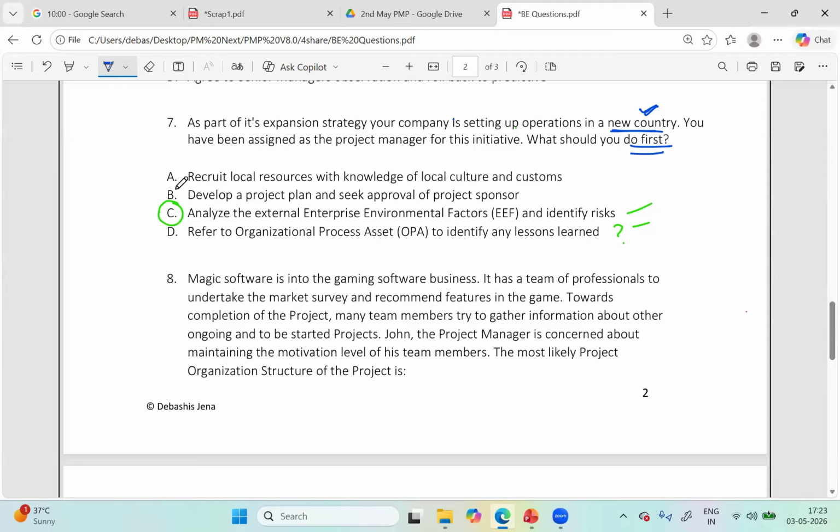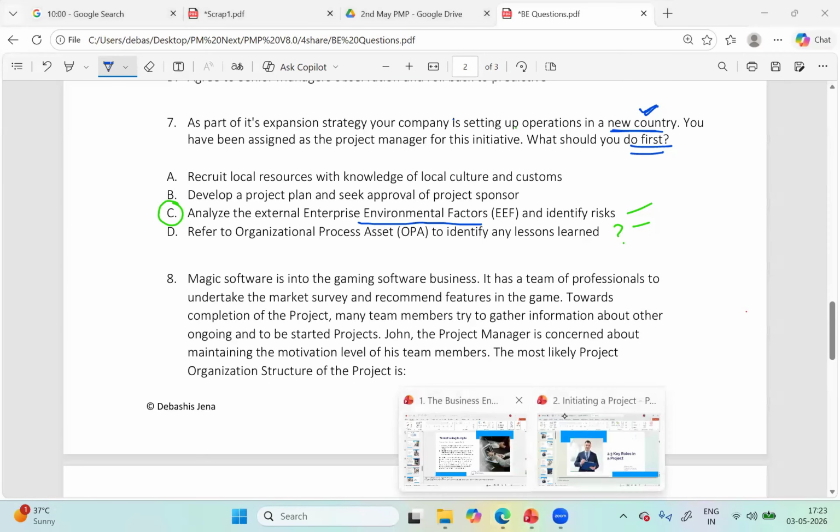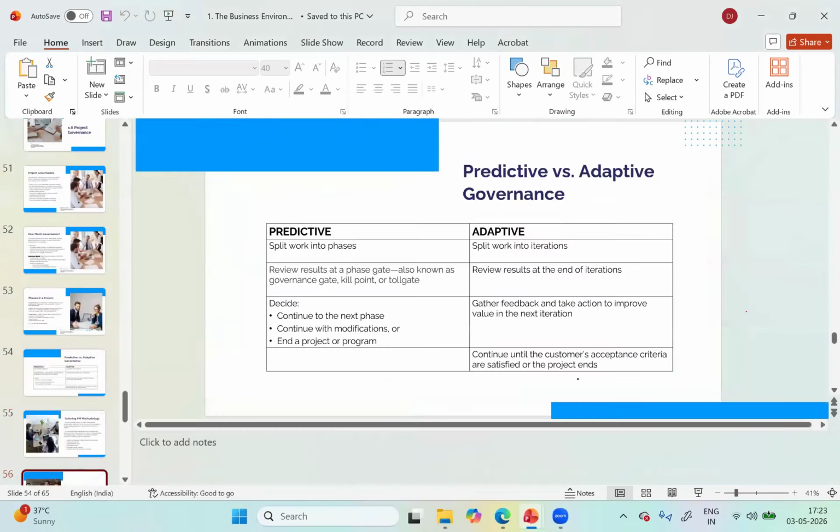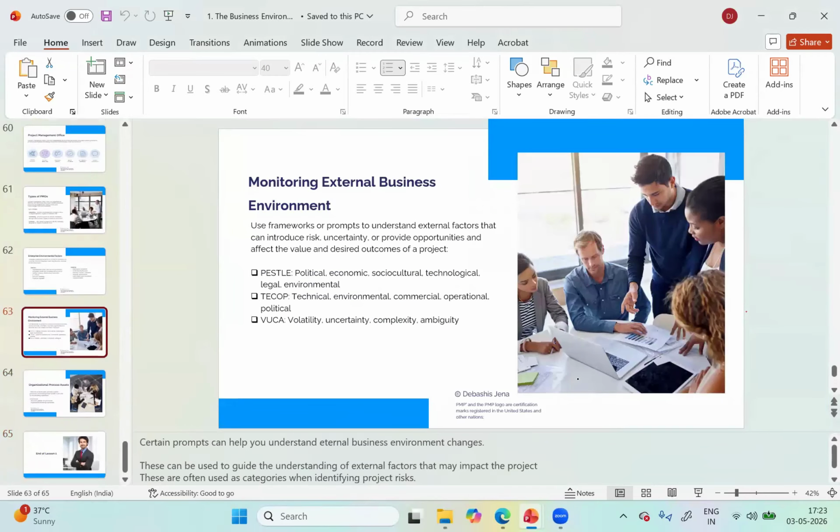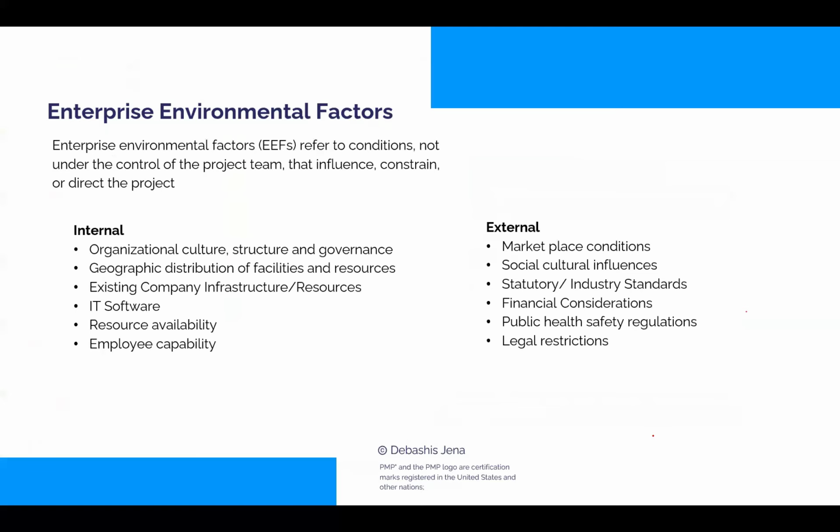Coming to the question now. When we're entering a new country, remember the term EEF we just spoke about, enterprise environmental factors, which are of two types, internal and external. Let me take you back to the slide. When we enter a new country, the internal factors won't be much different: our culture, structure and tools primarily remain the same.